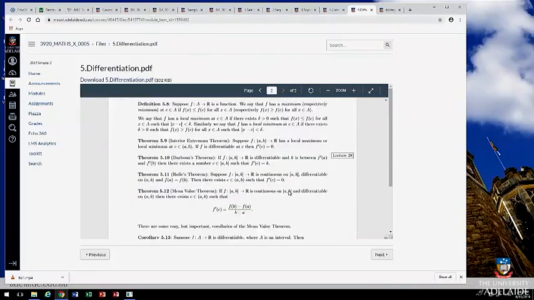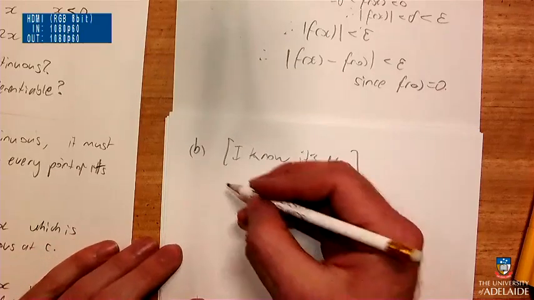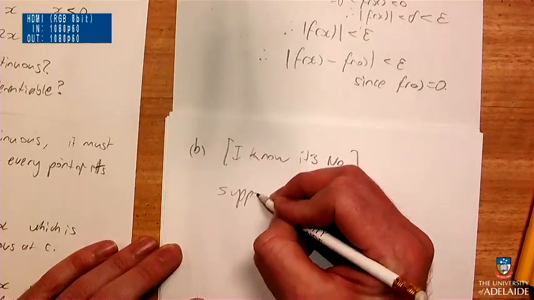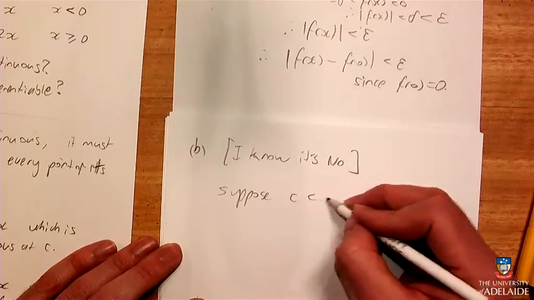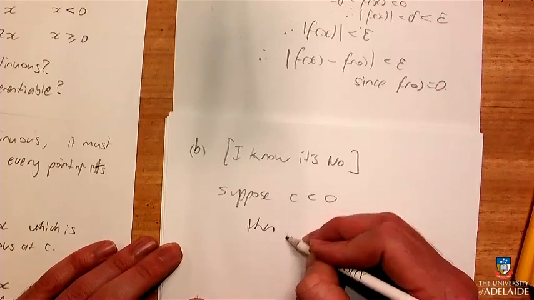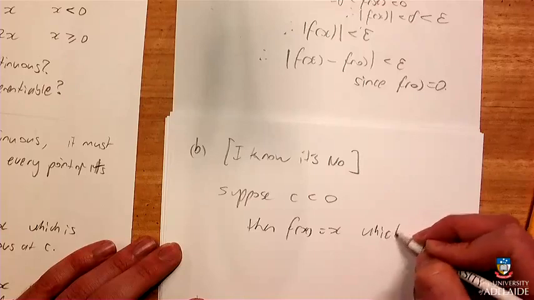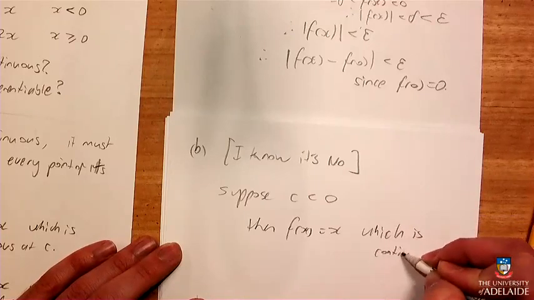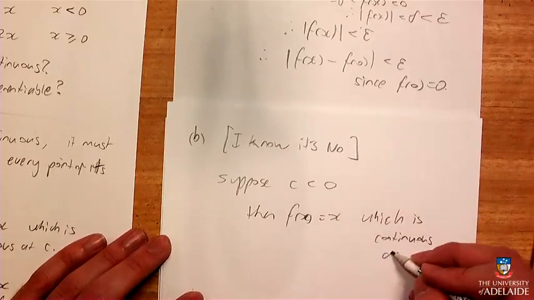Okay, and then that's all the classic stuff. So we have to use a definition. There's no theorems that go with showing that it's differentiable, as far as I know, other than combining them together. So we can do the same trick as before. Suppose c is less than 0, then f of x is the same as x, which is continuous at c.